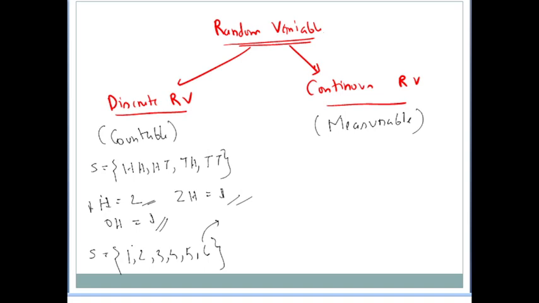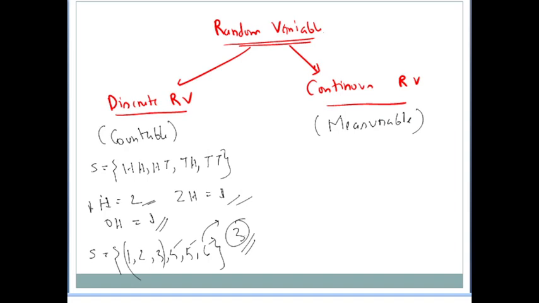If the number obtained by rolling the dice is more than 3, then this will be 4, 5, 6. So there will be three conditions when the number obtained after rolling a dice is more than 3. All these are countable, so these are included in discrete random variables.